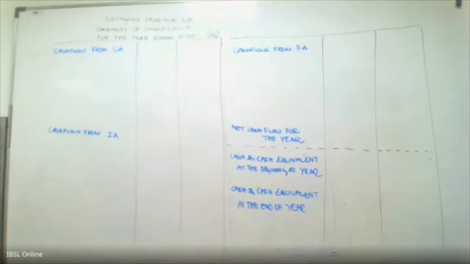Now pick the items from the list and put them in the right place. First item, cash sales in 2018.